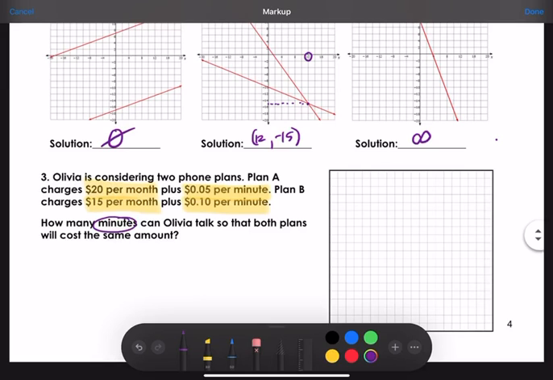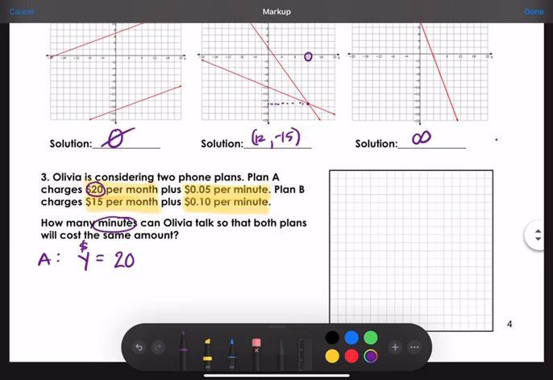Each of these plans, we can write an equation to represent them. So for Plan A, the money that she's going to spend, I can represent by y. The total money she's going to spend is equal to this $20 per month. She's going to pay $20 a month no matter what.